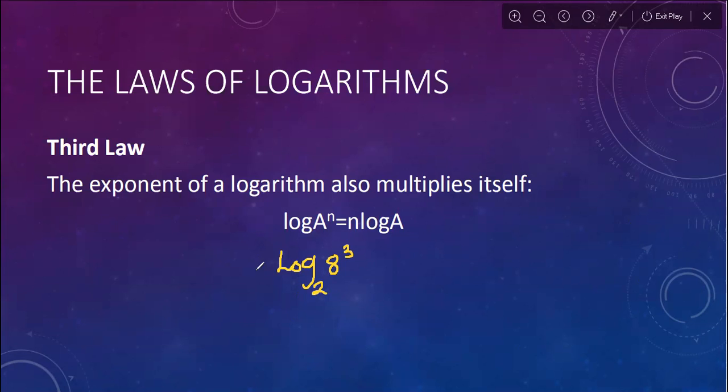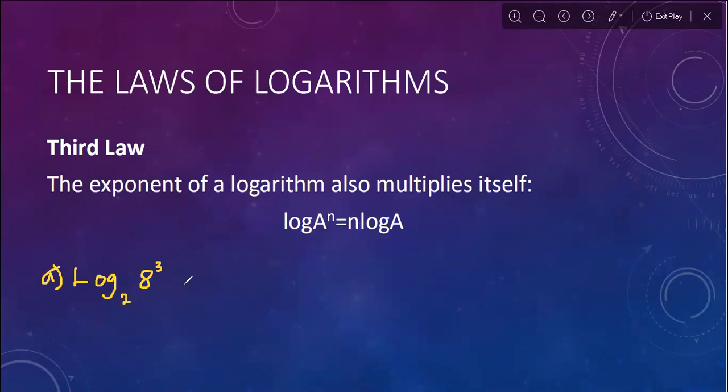Let me bring this here to save space so that you can consider maybe 2 examples here. So example 1, we have log 8 raised to the power of 3 in base 2.